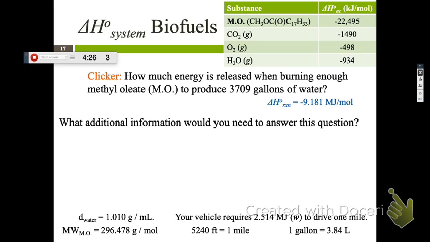We don't even need the mass since it's per volume.